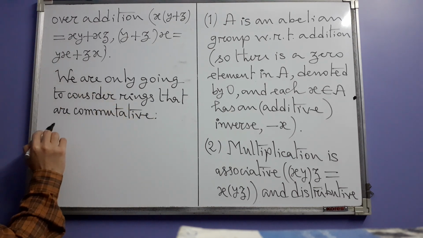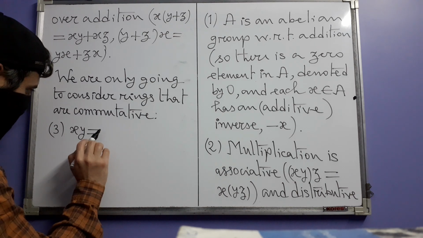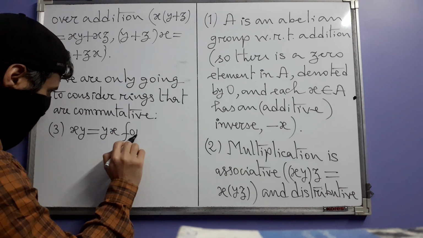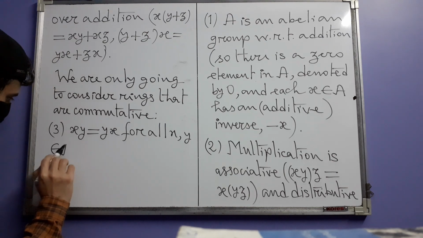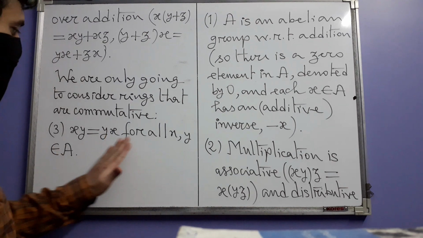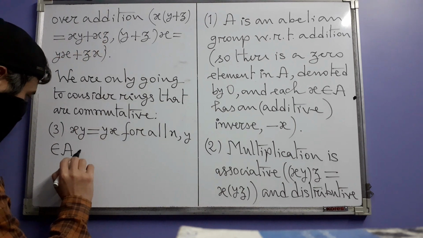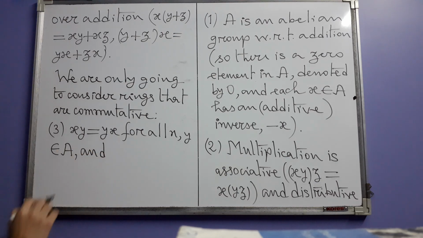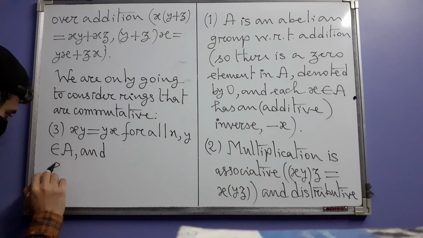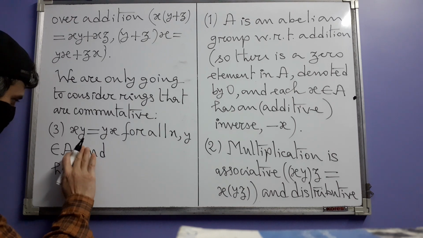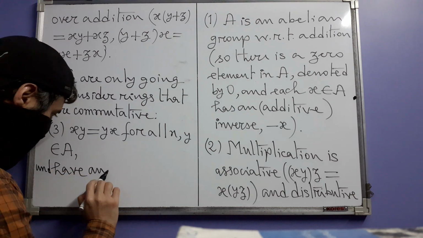What that means is this, that xy equals yx for all x and y coming from A. In other words, multiplication operation is commutative, and additionally that are commutative and have, I could have written and here also, and have an identity element.